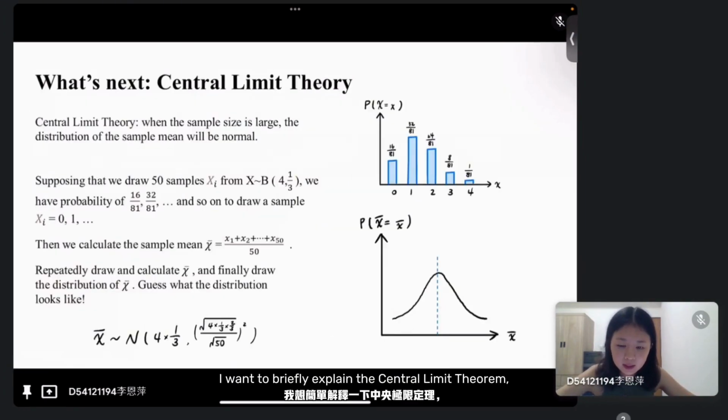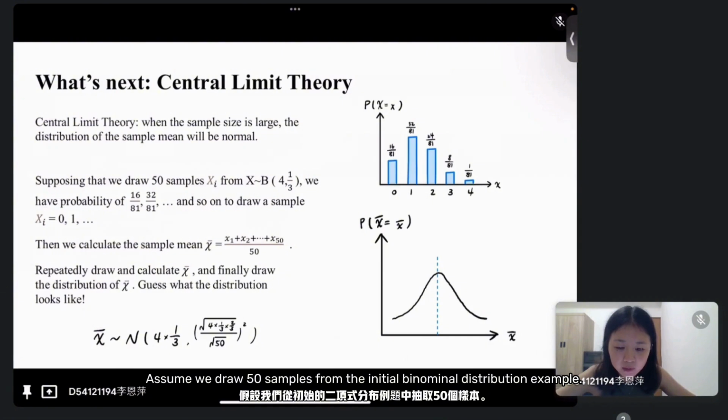Last but not least, I want to briefly explain the central limit theorem, which was the most fascinating and interesting theorem I encountered when I first studied statistics. The theorem states that when the sample size is sufficiently large, the distribution of the sample mean will tend to be normal. Let me explain with an example.